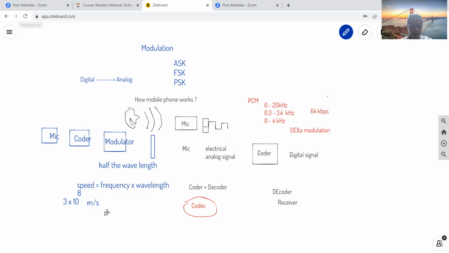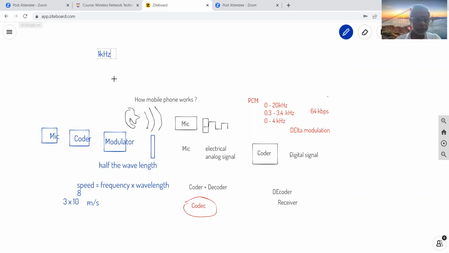Now suppose the signal is 1 kilohertz. What is the wavelength? The speed is 3 into 10 to the power 8.